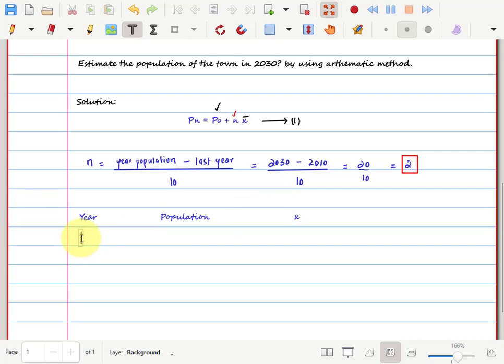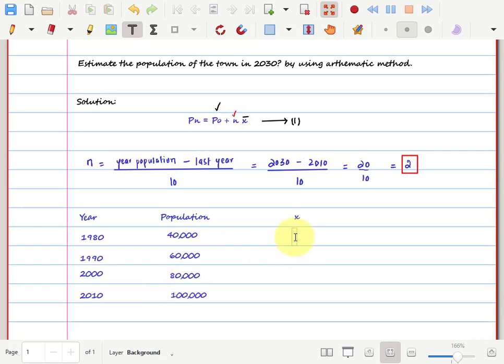Okay, the years given to us are 1980, 1990, 2000 and 2010, and the population given to us is 40,000, 60,000, 80,000 and 100,000.